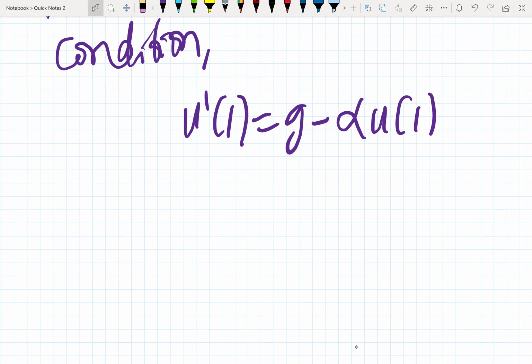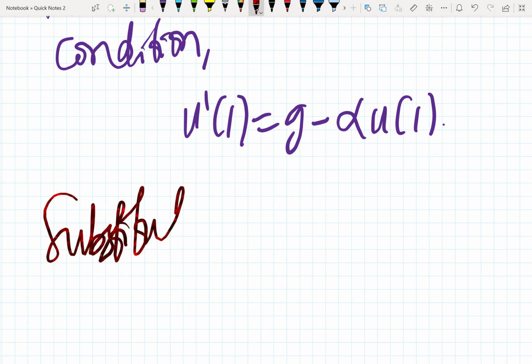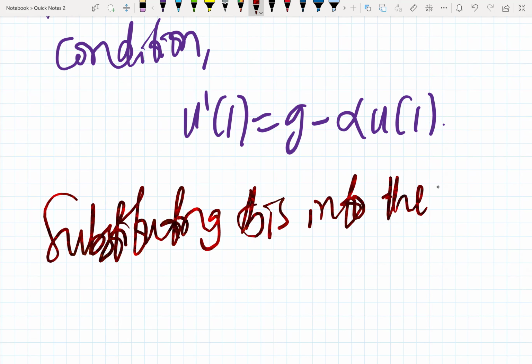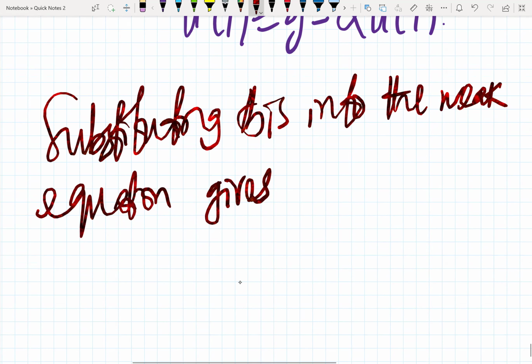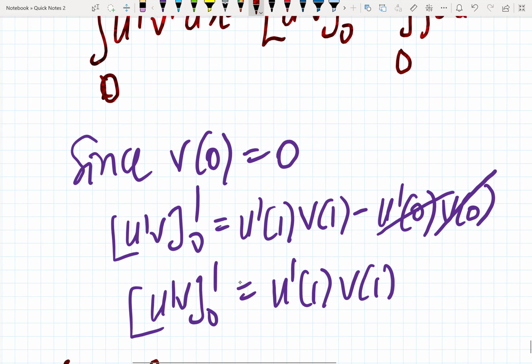So with that in place, substituting this into the weak equation gives the integral from 0 to 1 of u prime v prime dx minus, here we have u prime of 1 times v of 1.